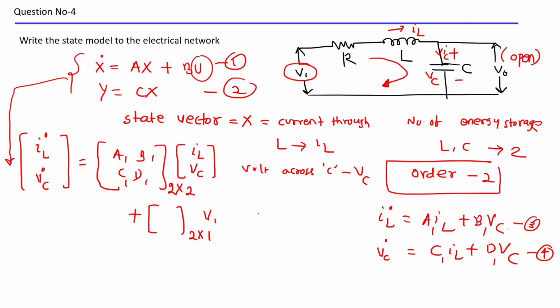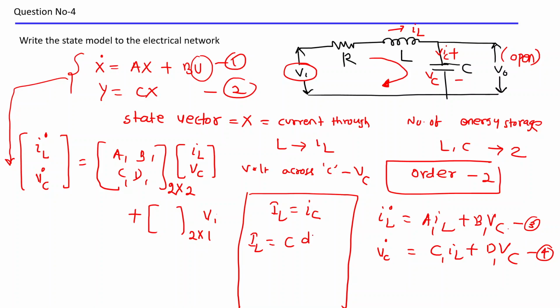So I am writing my first equation here. IL equal to, you can write, this is IC. And IC, you know, how can you represent a current through a capacitor? The current through a capacitor is nothing but C dVc by dt. And just to simplify this, IL equal to C dVc by dt, which is nothing but your Vc star. So we got an equation of Vc star.